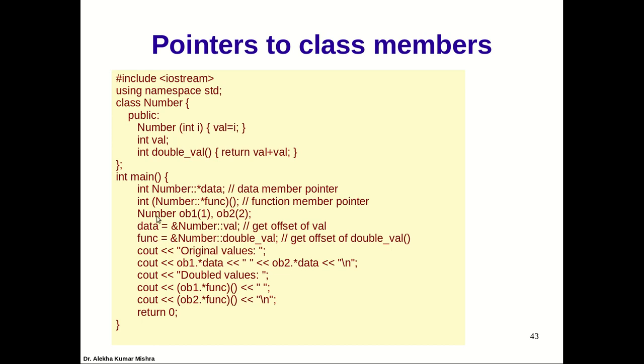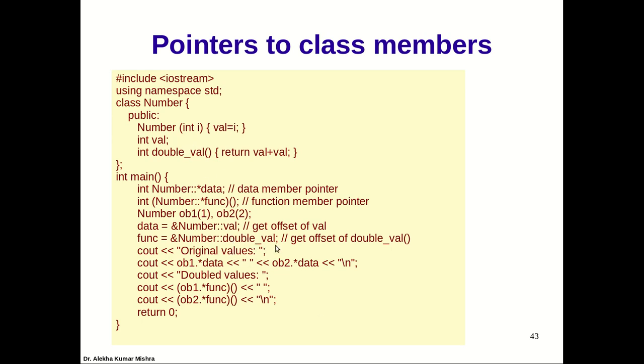So data, because we have only one data member val, is now pointing to the data member val of the number class. Similarly func, which is a pointer to a member function, is now holding the offset, that is number double val, meaning this func will be pointing to the function double val of the class number.